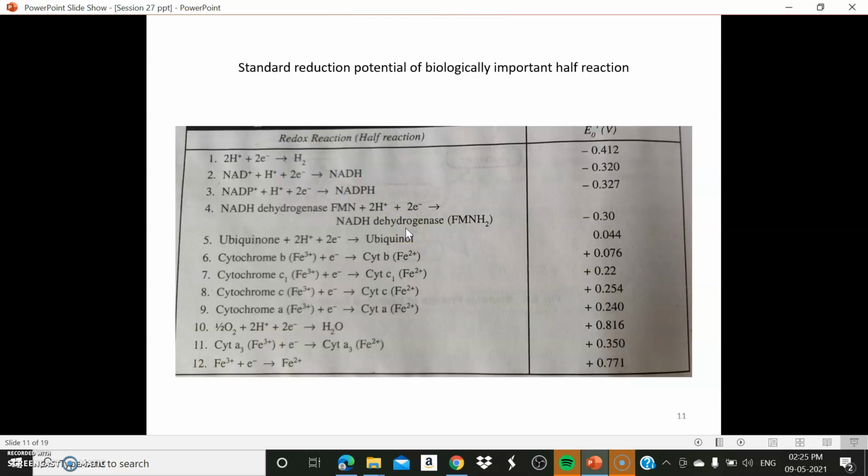Now, what is this redox potential? See, these are reduction potentials of some biologically important half reactions. These are the values of standard reduction potential of biologically important reactions. Electrons flow from a more negative value of reduction potential to a more positive one.